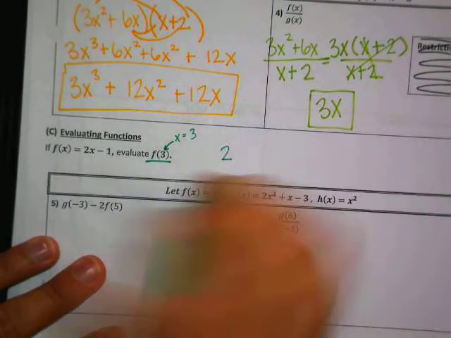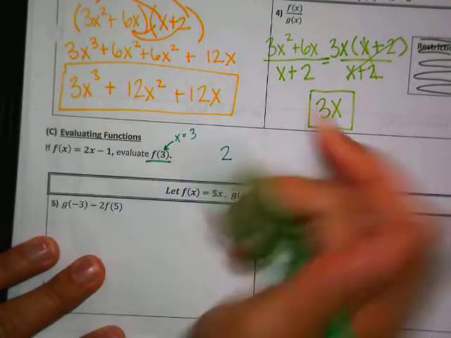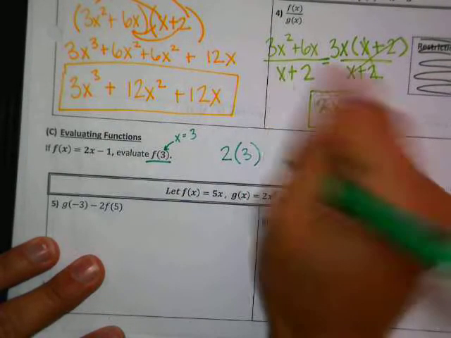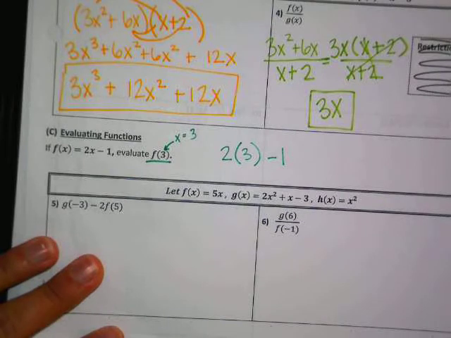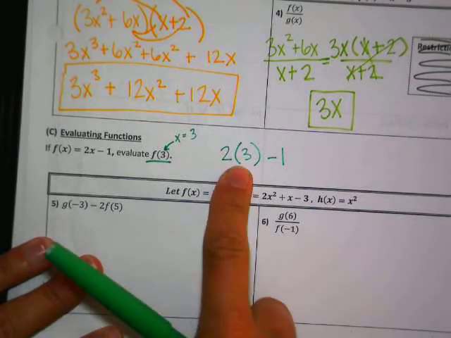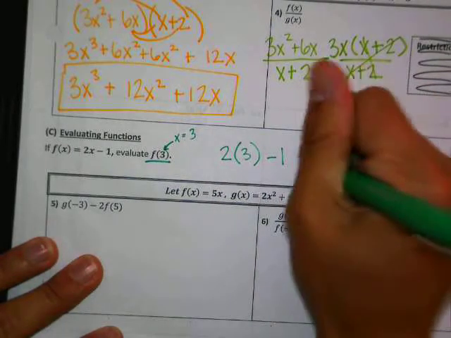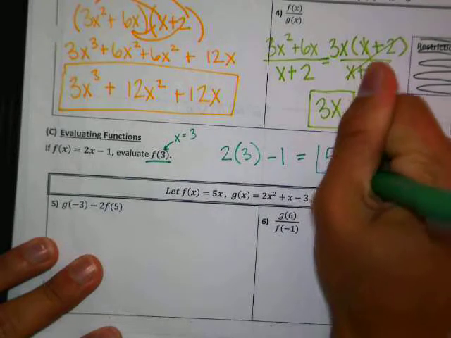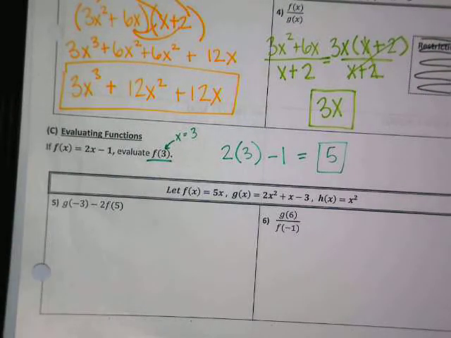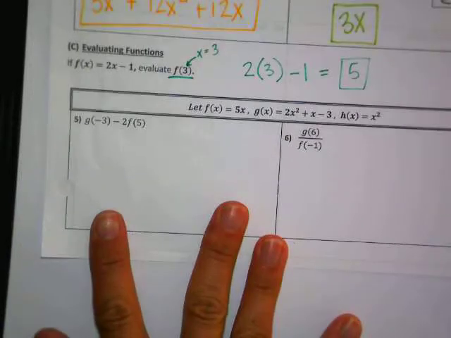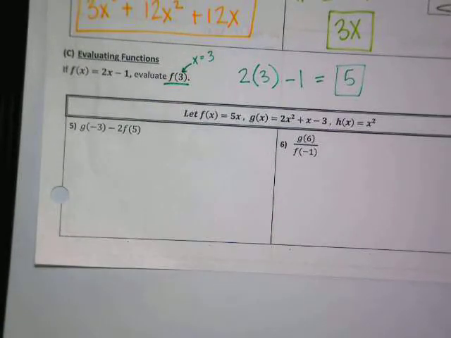So 2, what am I putting in place of x? 3, minus 1. So what is 2 times 3? 6. Minus 1? 5. Yeah. Good old Algebra 1 review.